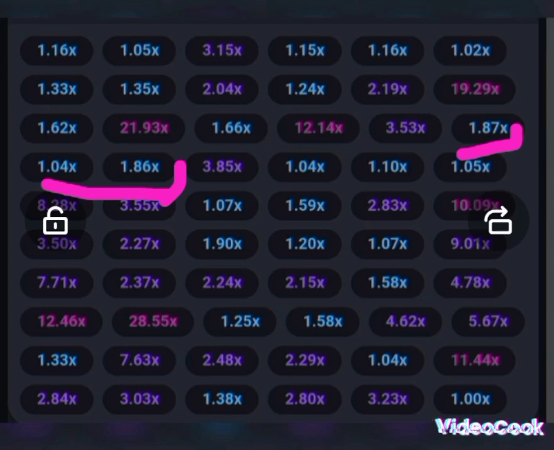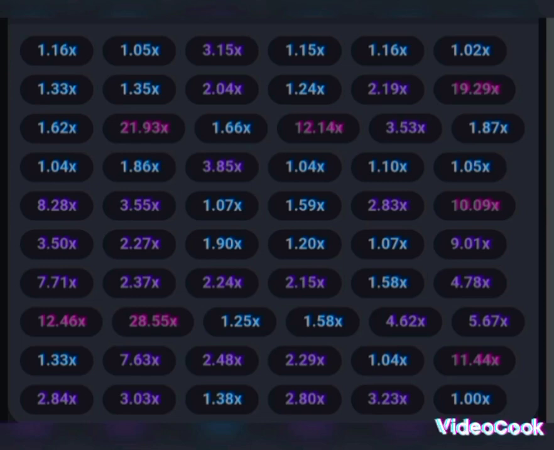This one is also somehow different. Here it gave us 1.86, 1.04, and then 1.87. It increased from 86 to 87.